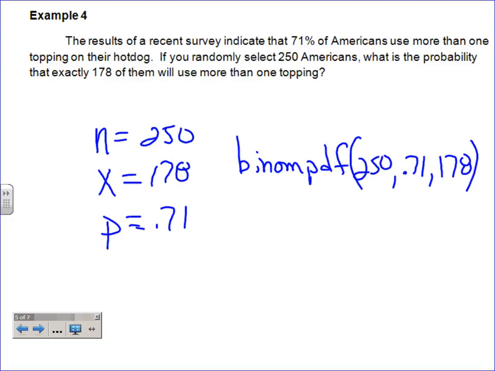And you hit enter. Approximately 0.056, so 5.6%. Surprised by that answer? Again, it's saying exactly that many have that. That's what you have to really get in your head, that it's saying exactly that many people would have more than one topping on their hot dog. Okay.